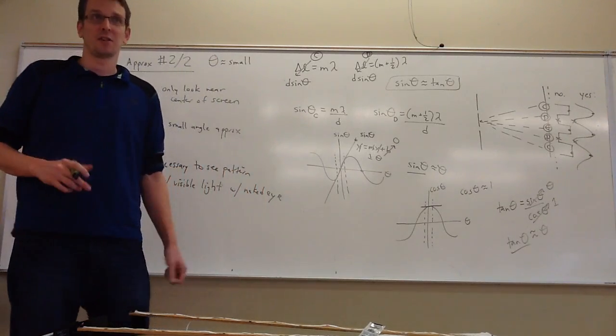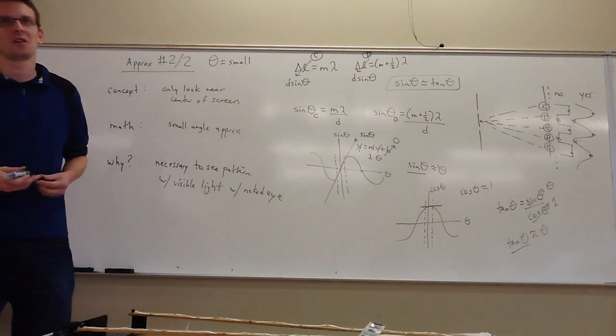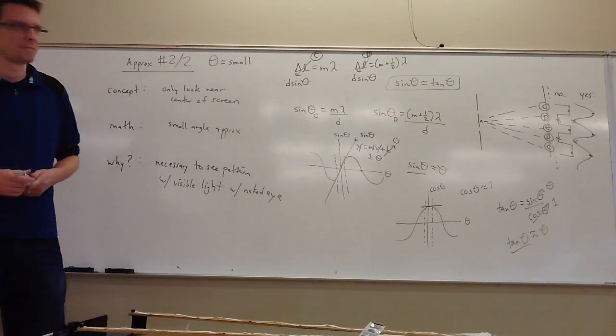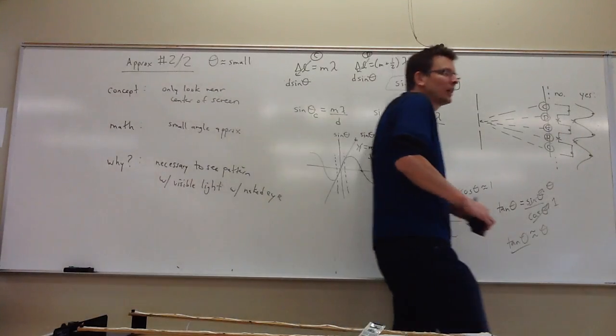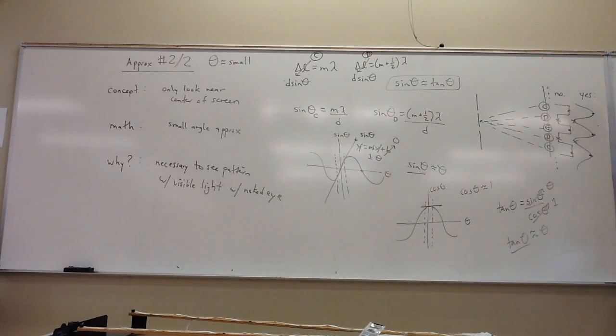Because obviously sine and tan are different things. At small angles, though, they start to be very similar. So, why do I want to do that? Let me show you. Have any questions before I take a quick check?